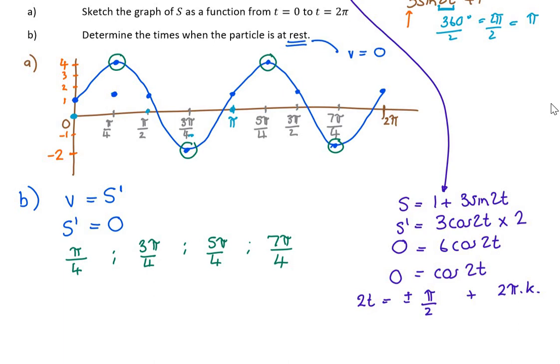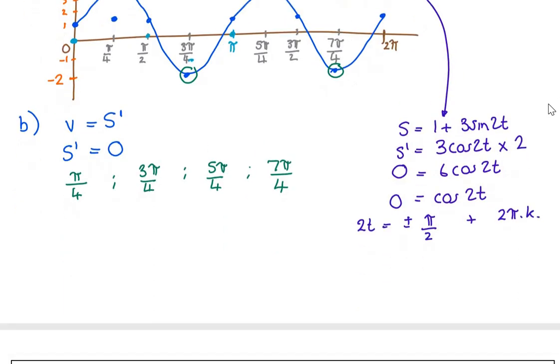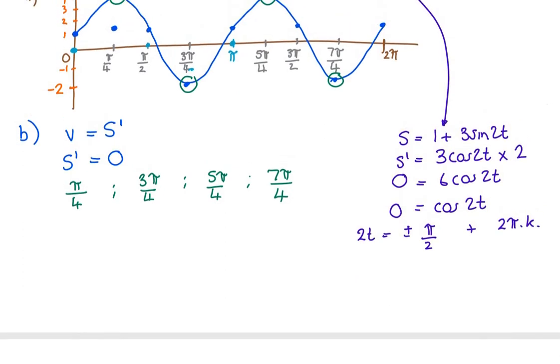This is probably weird because we haven't solved trig equations with radians, but basically it's plus or minus 90 degrees, and then plus 360k, which means t equals plus or minus pi by 4, plus now divided by 2 is pi times k.